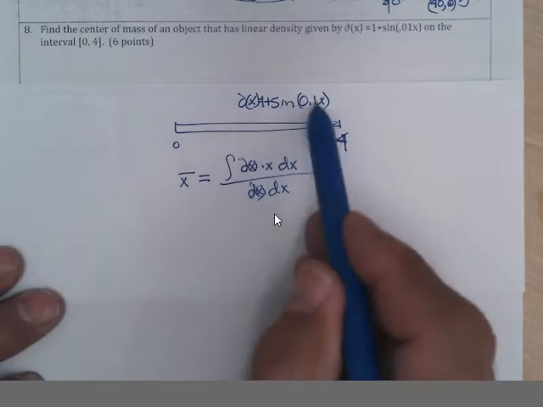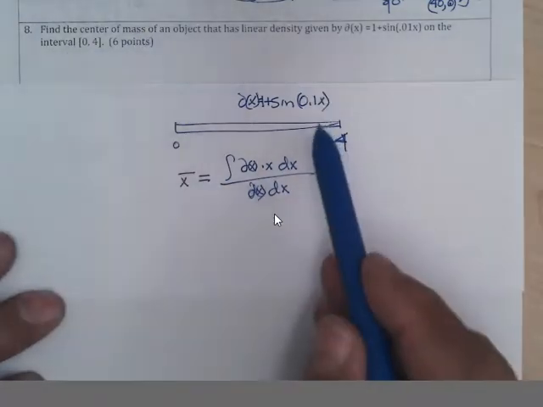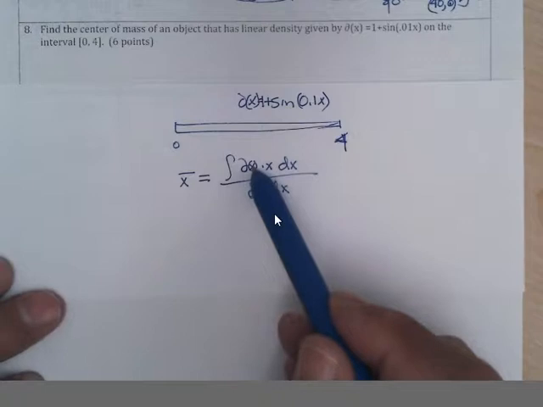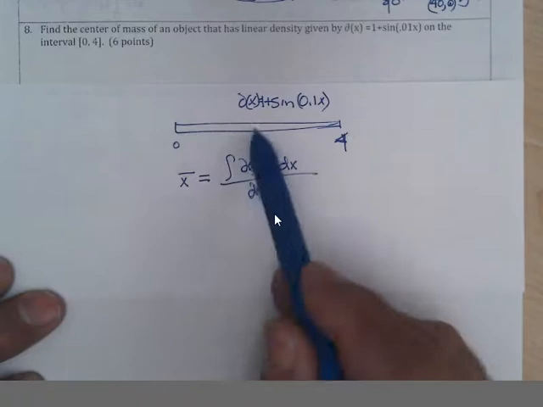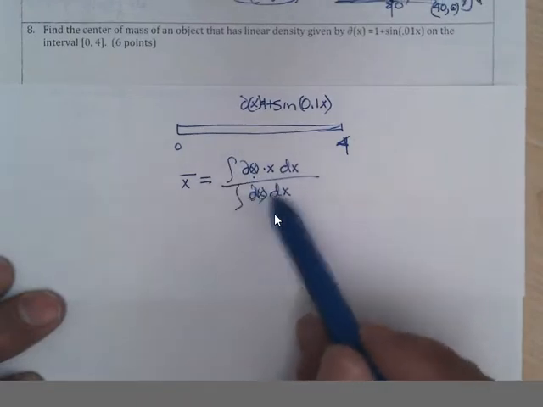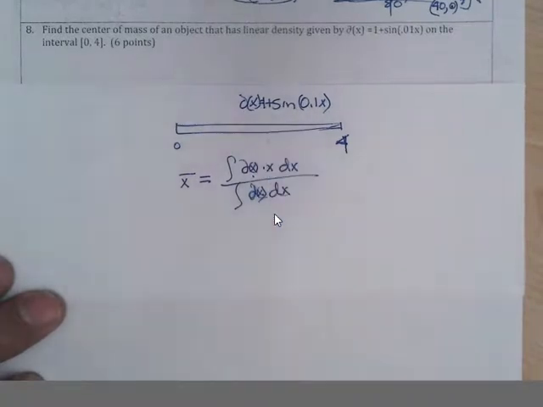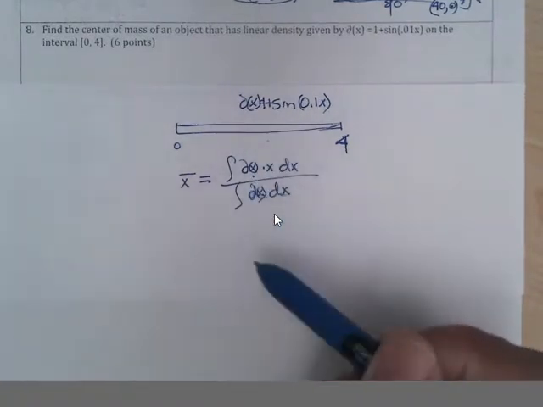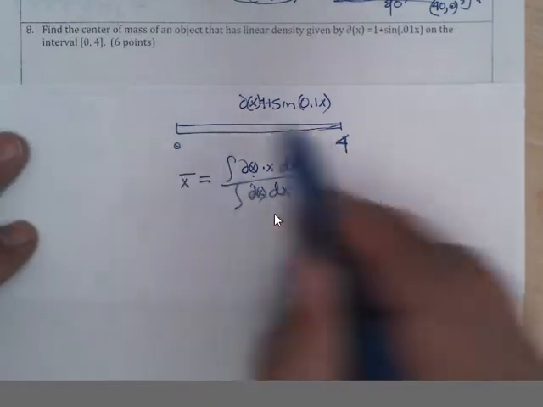And so the dx is canceling. This is mass divided by whatever the mass is, divided by the length, times the lever arm where it's located, divided by the density times where it's at. So this is what we need to work out. So it's going to be, and we're going to go from 0 to 4.